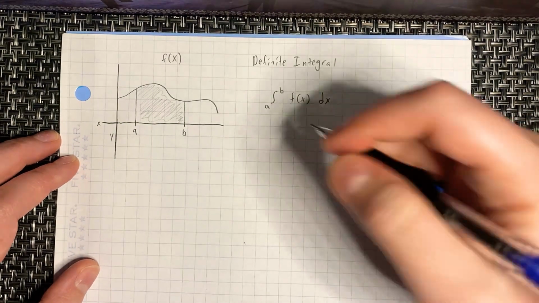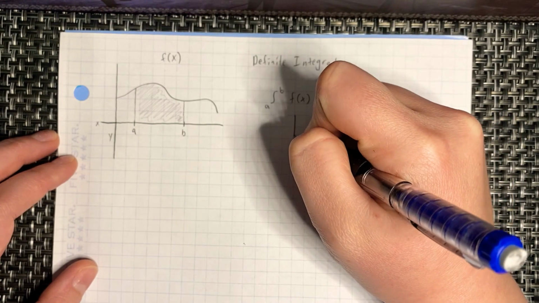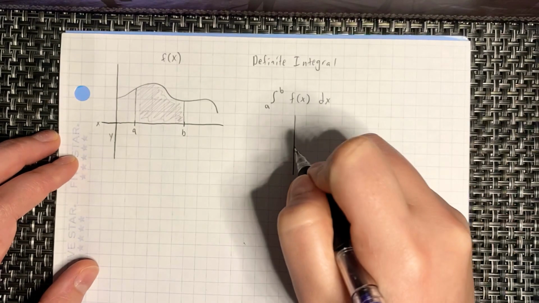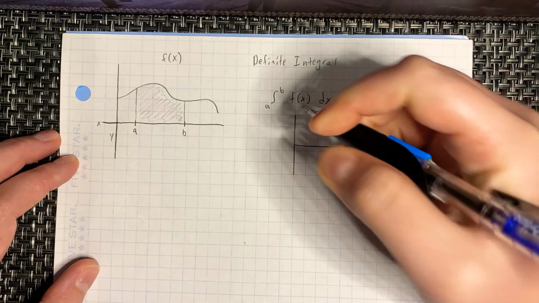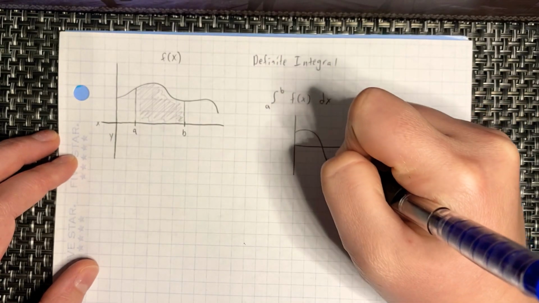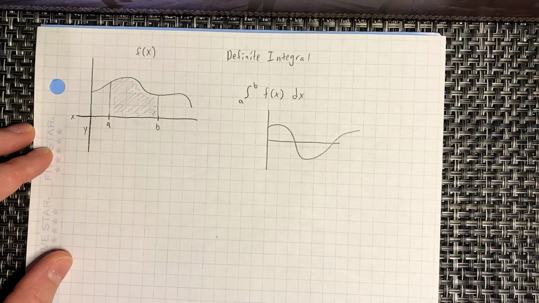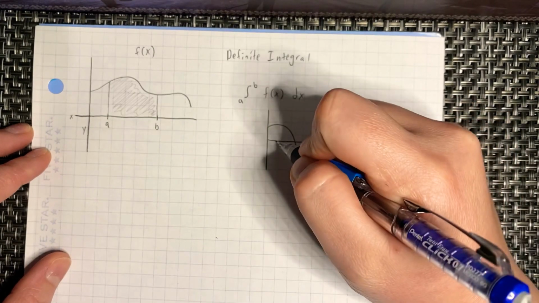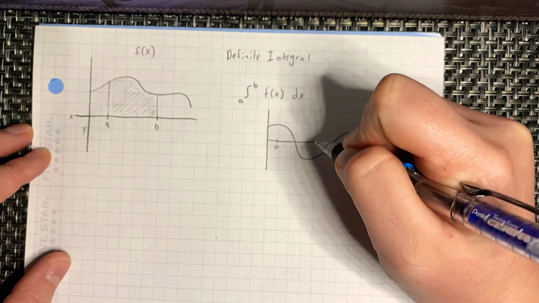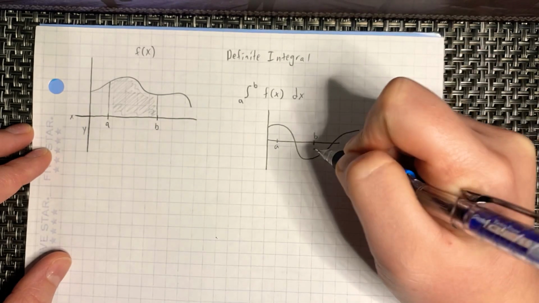Another fun thought experiment, not thought experiment. I mutter, that's what I do. So if we have a function, pretend this was f(x) for a minute. It looks a little bit like sine, and I needed to find the area between a and b.